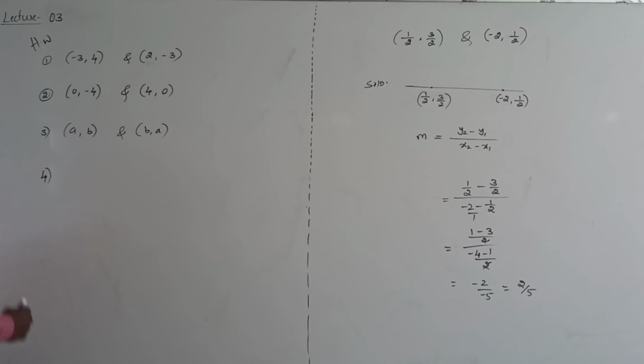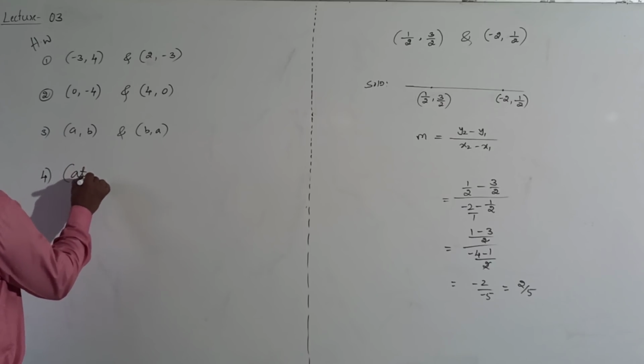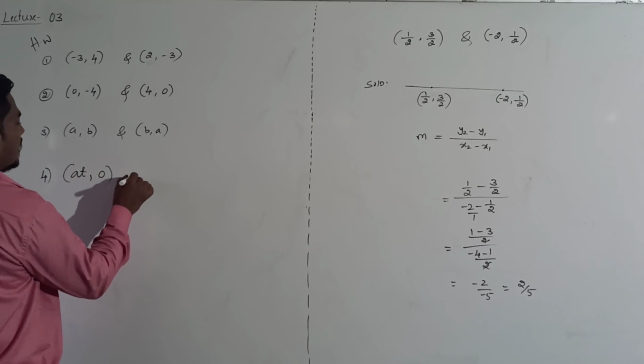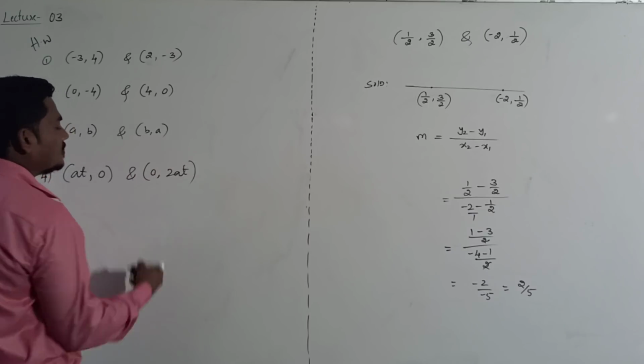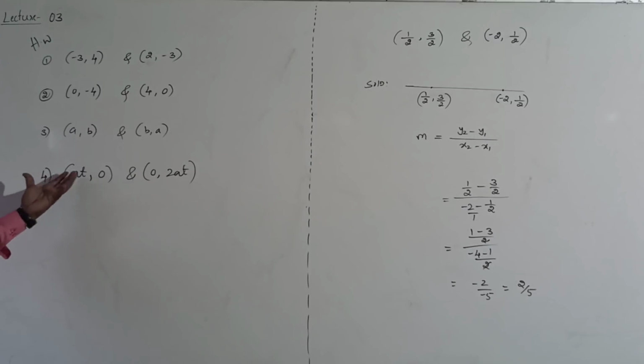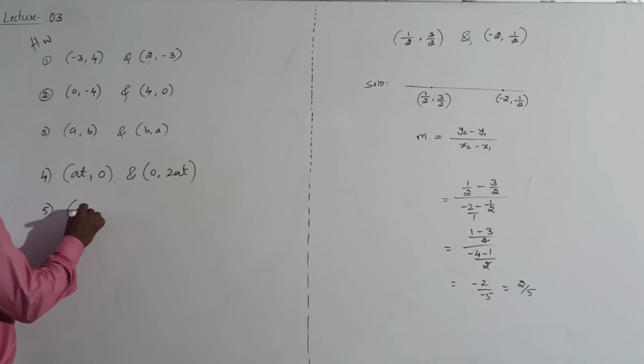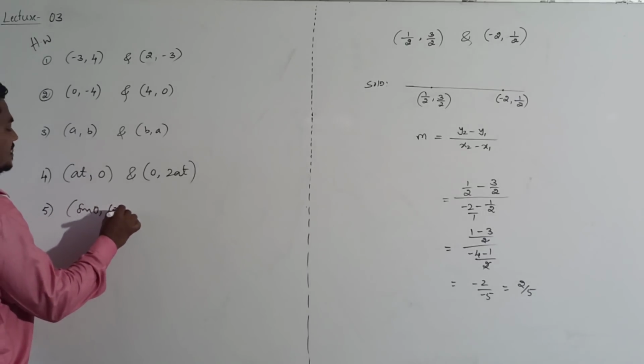Then next one, find the slope of 80 comma 0 and 0 comma 280. Find the slope of line joining these 2 points. Next one, sin theta comma cos theta.